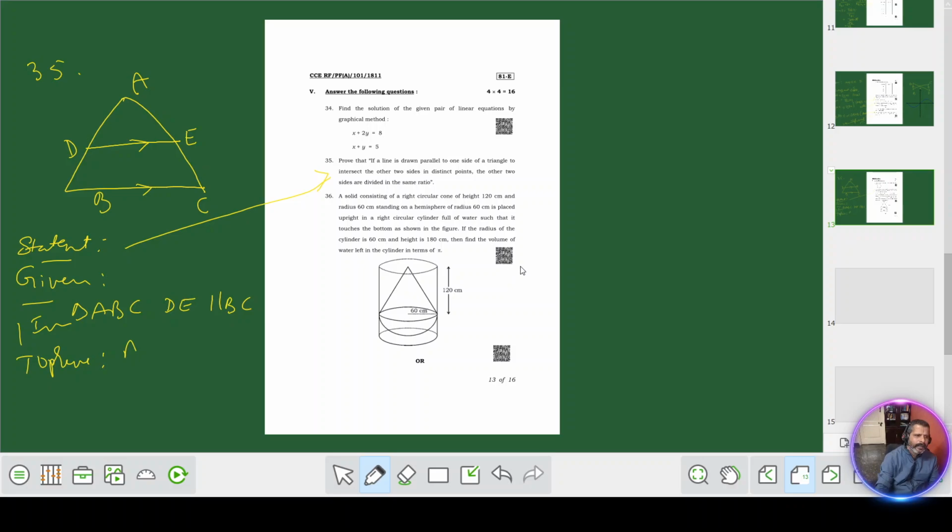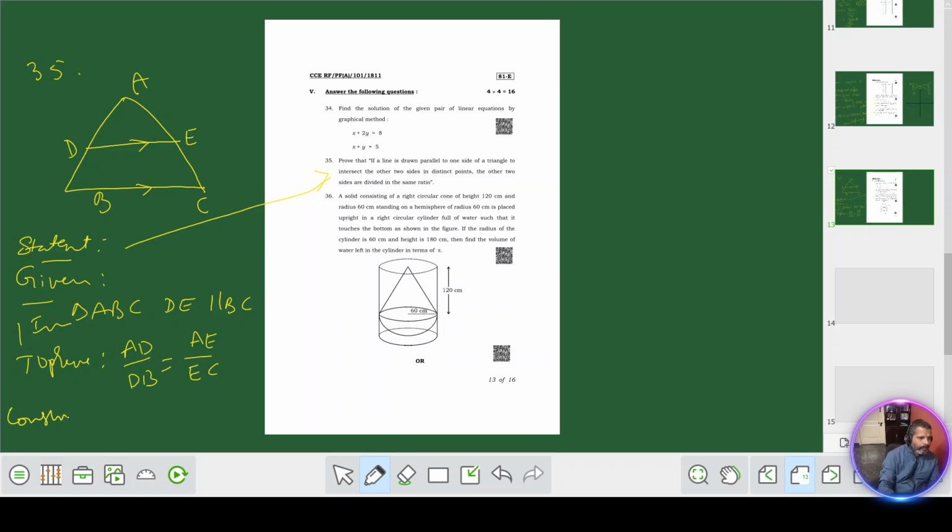It's a very easy and very, very important theorem. This is what I have to prove.